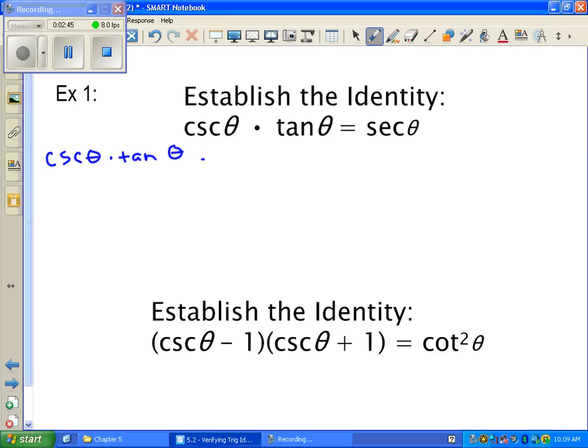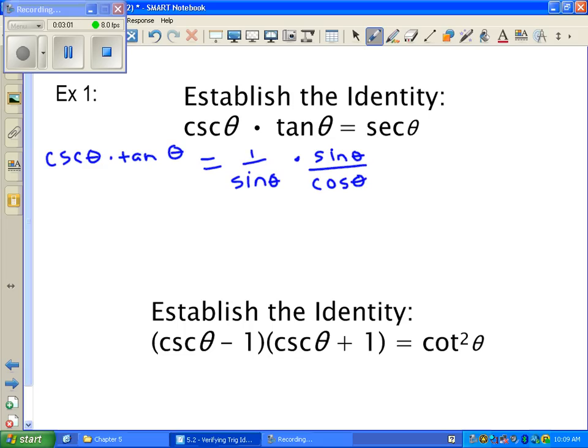And I'm going to say that that is equal to, and I'm going to do some substitutions here. Cosecant is 1 over sine, and tangent can be rewritten as sine theta over cosine theta.